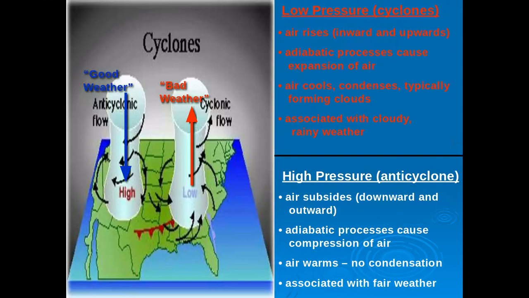This next diagram gives you a three-dimensional look at the anticyclone and cyclone. Again, if we go over to the low pressure system, we see that air is rising inwards and upwards. So this gives you that 3D effect. And now we can actually consider what happens adiabatically.